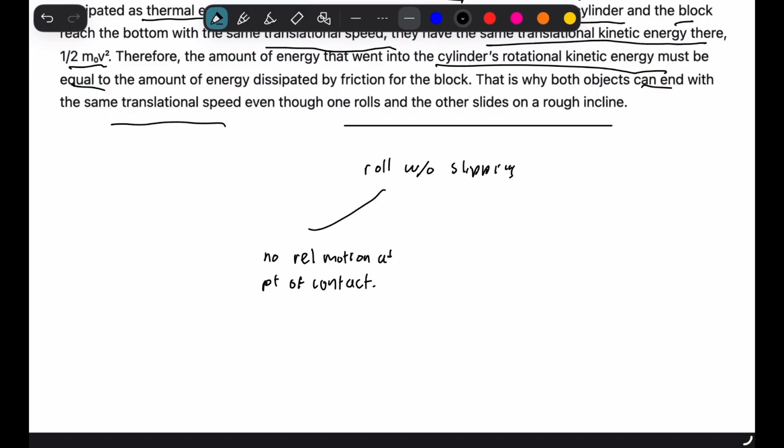That means that no energy is going to be lost to kinetic friction. And also, your static friction is going to be necessary to provide the torque that prevents the slipping.